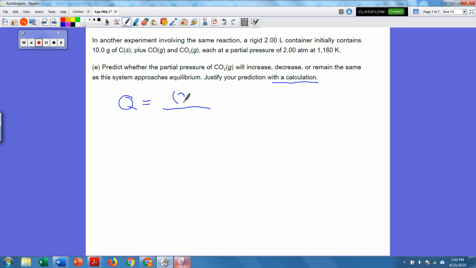Let me write out the formula first. It's going to be the partial pressure of carbon monoxide squared over the partial pressure of carbon dioxide. But again, these partial pressures we're now getting not from the equilibrium, but from our initial, which is why this is a Q and not a K.